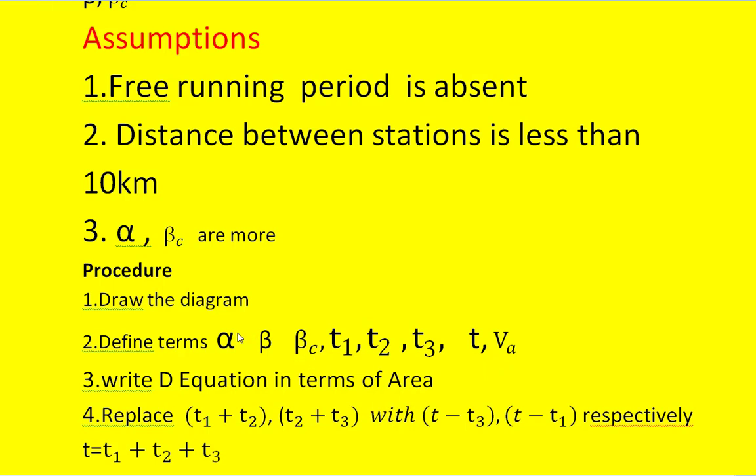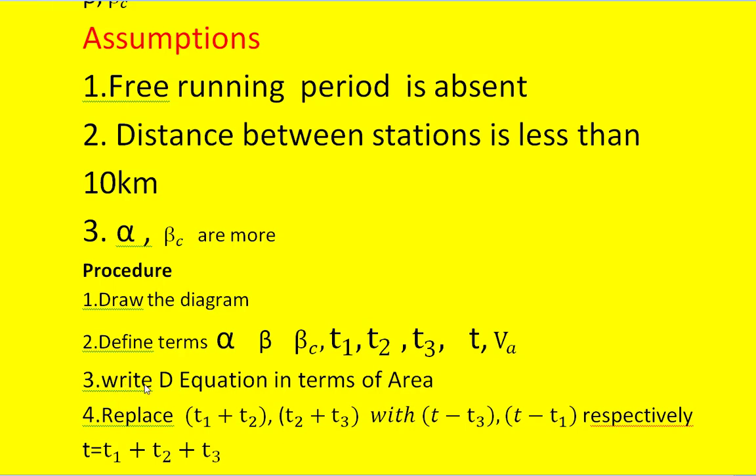Here alpha means it is the acceleration, beta is retardation, beta c is retardation due to coasting, T1 is the acceleration period, and T2 is the coasting period, T3 is braking period, or this is also a retardation period, and T is the total time, that is T is equal to T1 plus T2 plus T3, and VA is the average speed which is equal to the distance between the stops capital D divided by the total time small t.